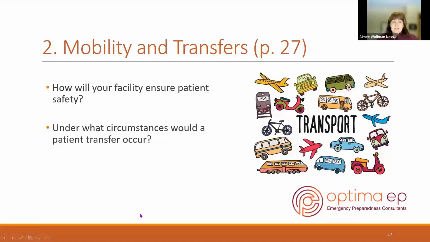Mobility and transfers. Again, how do you ensure patient or resident safety when you are transporting them? And under what circumstances would a patient transfer occur? So again, this comes directly out of Appendix Z, page 27.